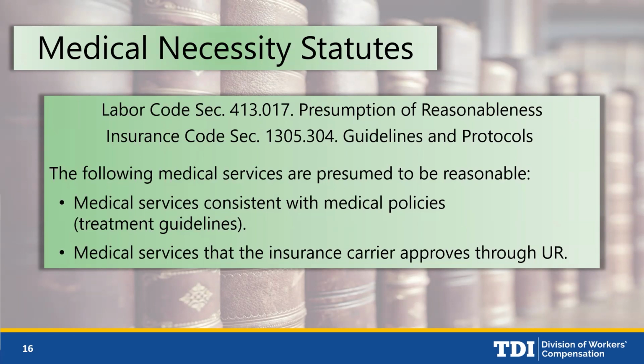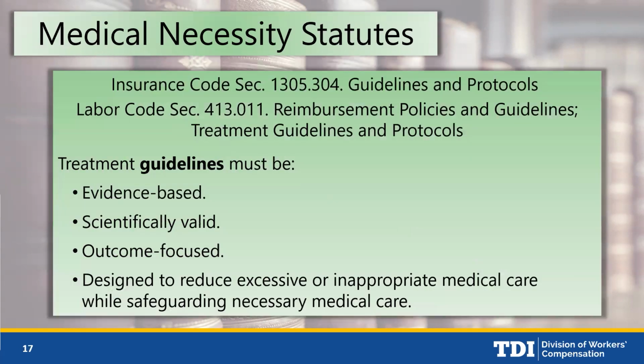We'll go over that treatment guideline for non-network injuries during this presentation, or medical services that are approved through utilization review. Say you've built a case for something that needed pre-authorization, you've obtained approval, then that's presumed to be medically reasonable and presumed to be medically necessary in our system. So we'll talk about the treatment guidelines and the UR process during this presentation.